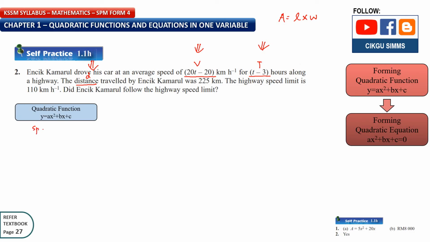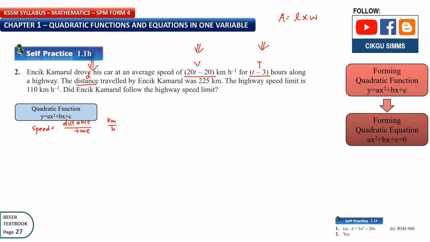Speed is distance divided by time. So this one is like km/h, the unit that you normally see, right? 1 hour, how many km that you can drive. So speed equal to distance over time.